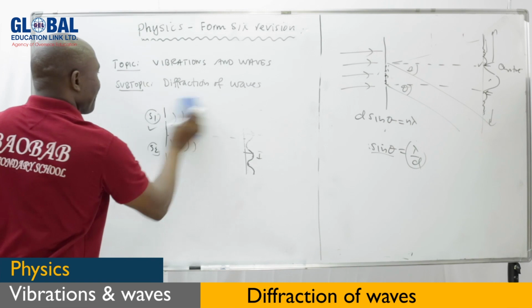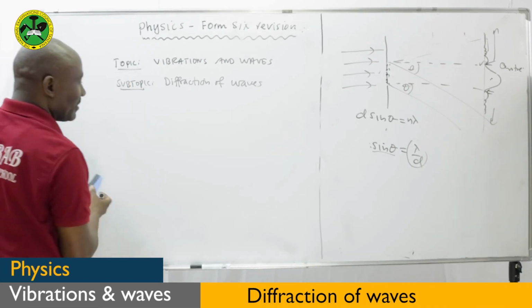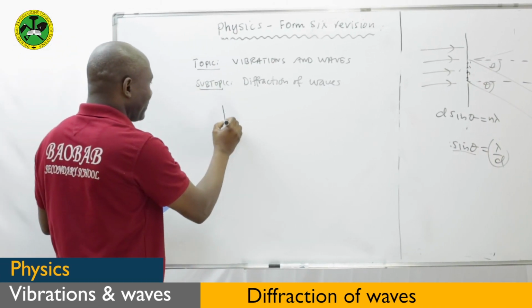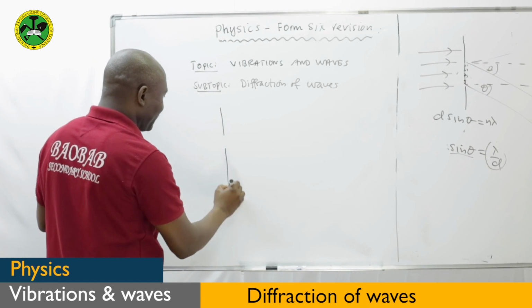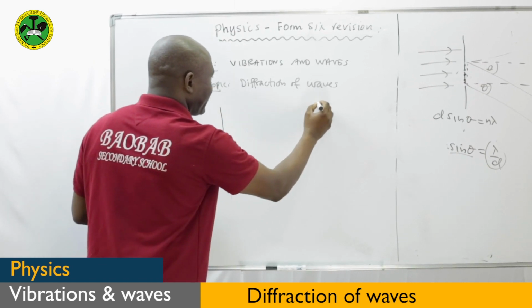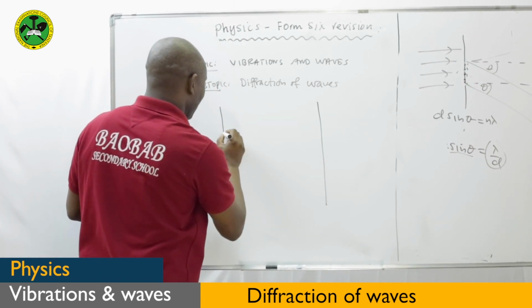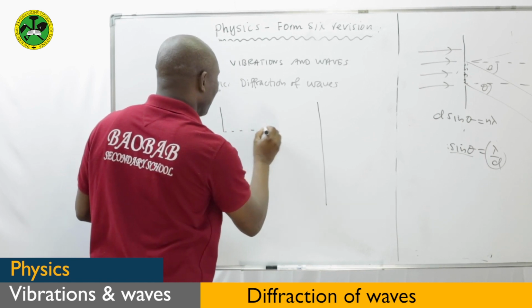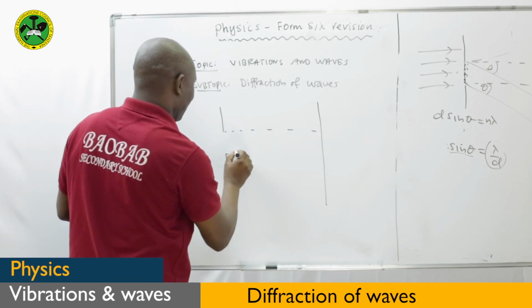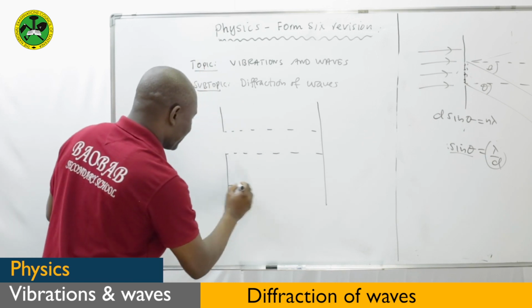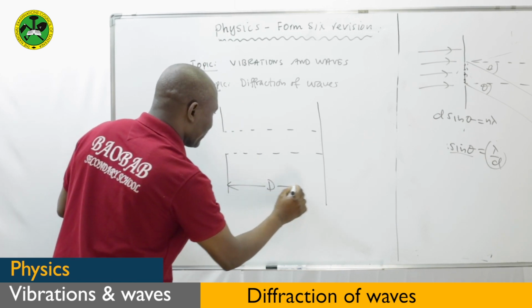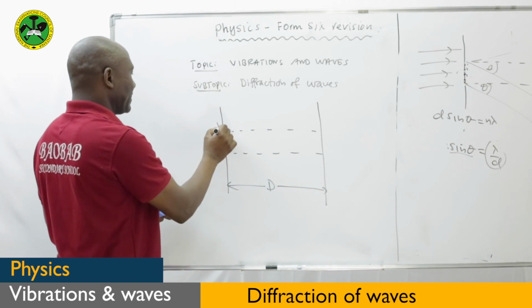And if you remember, I'm reminding you of this formula you did, to have this kind of opening. This was the size of the opening, and this was the distance from the screen where the images are formed.